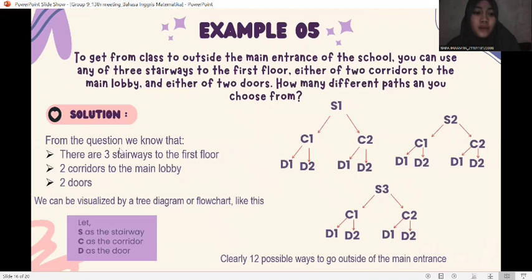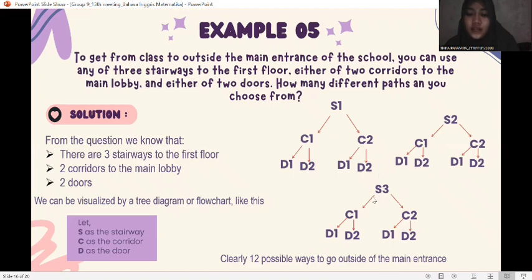The solution is, from the question we know that there are three stairwells to the first floor. Let the stairwells be S1, S2, and S3. We have two corridors to the main lobby. Let the two corridors be C1 and C2. Stairwell 1 has corridors C1 and C2. Stairwell 2 has corridor 1 and corridor 2.